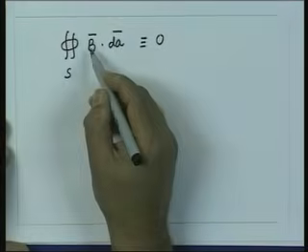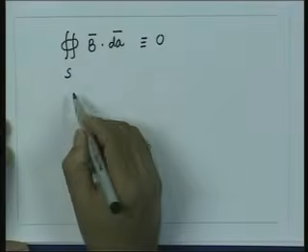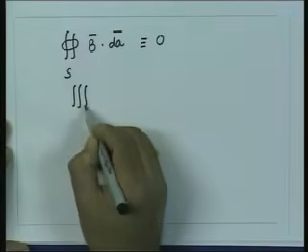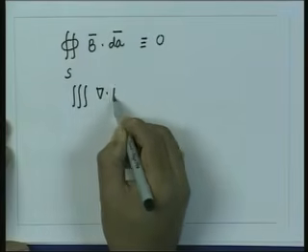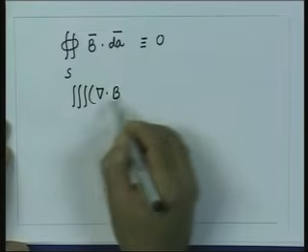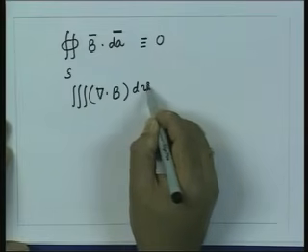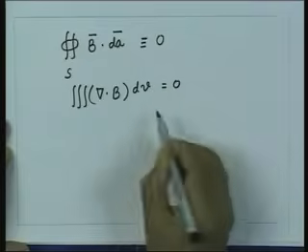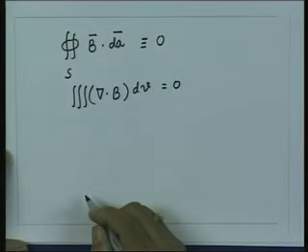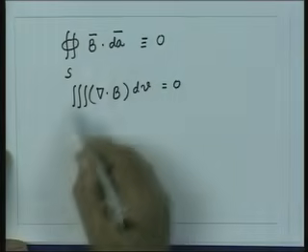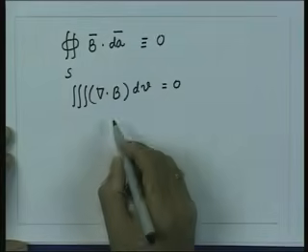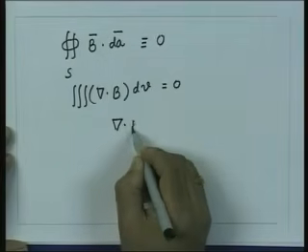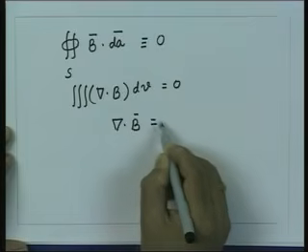Again, if I apply the divergence theorem to this, I will get the integral of del dot B dV equal to 0. And again, if it has to be true for any arbitrary volume, then we get del dot B is equal to 0.